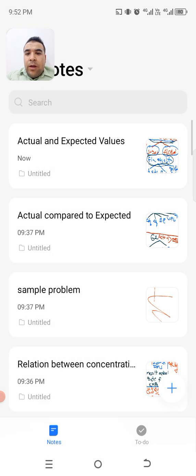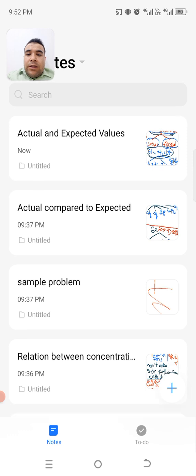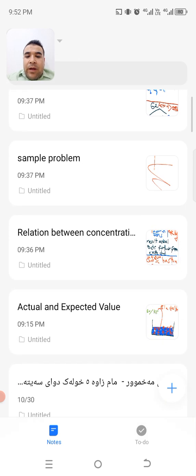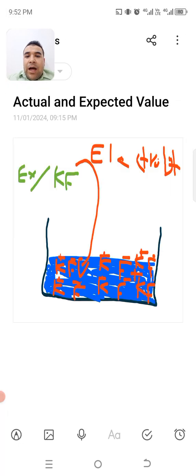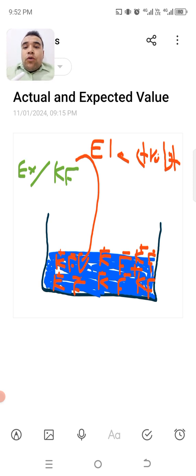So guys, let us talk about the reasons behind having differences between the actual and expected values for the electrolytes. The reason and the only reason behind this is having free ions existing in the aqueous solution of electrolytes.